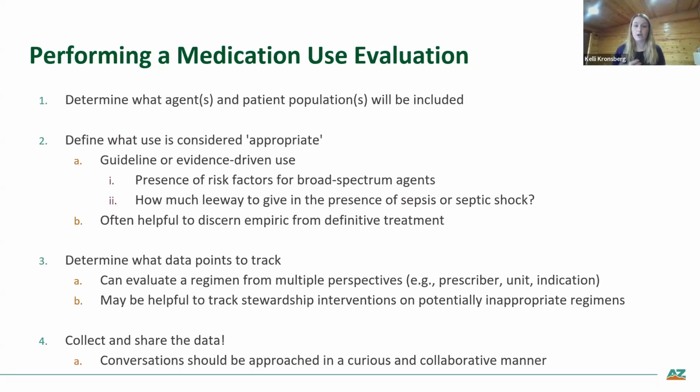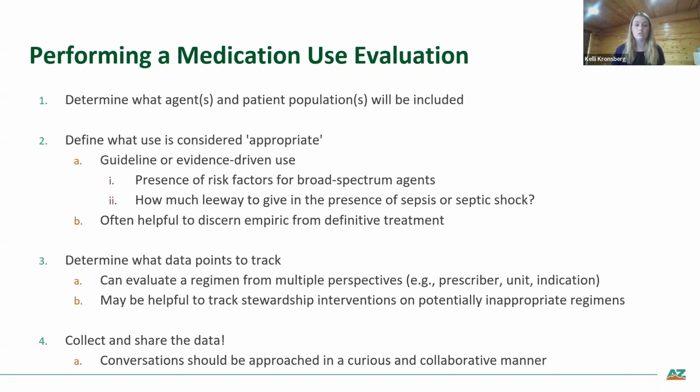So an easy way, if you have recently updated guidelines, which may not be the case in the realm of infectious diseases, would be to evaluate guideline concordant or evidence-driven use. So one example would be for febrile neutropenia, evaluating the MRSA risk factors and if it's present for the patients receiving vancomycin, and having those as a binary yes or no on the spreadsheet that you're using to collect this information.